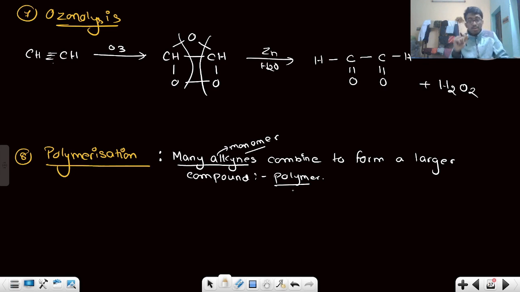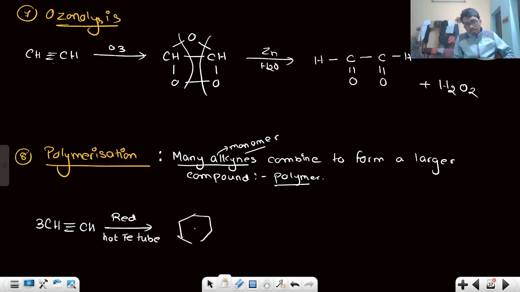Now in case of ethyne there was also polymerization, but I did not say it because it was not really important in that case. That will form polyethylene, as simple polymerization. Polymerization of acetylene is very important because it forms benzene. So what will I take? I will take 3 CH triple bonded CH, and if I pass it through a red hot iron tube then I will get benzene. Did you understand? Now 3 CH means 6, so now I have a way to directly get benzene.